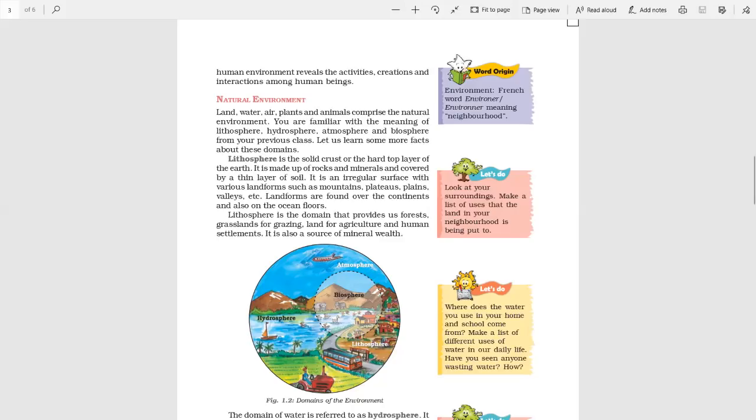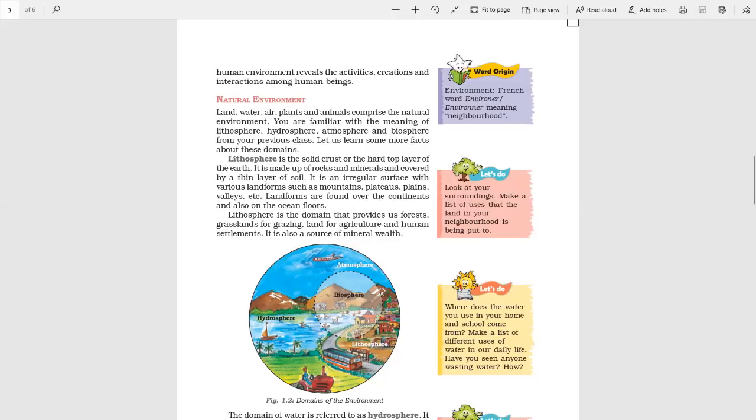Next, the domain of water is referred to as hydrosphere. Underline, students. It comprises various sources of water and different types of water bodies like rivers, lakes, seas, oceans, etc. It is essential for living organisms.